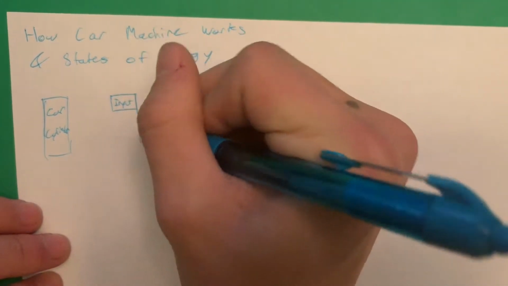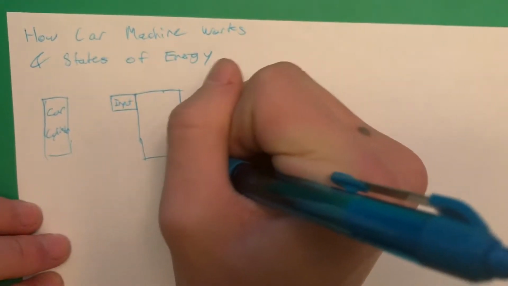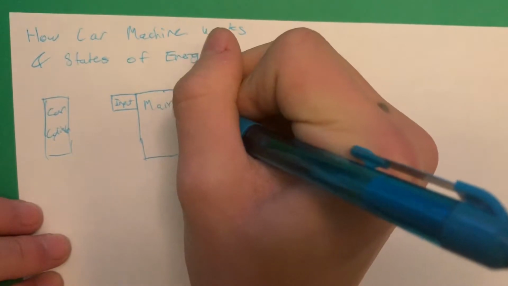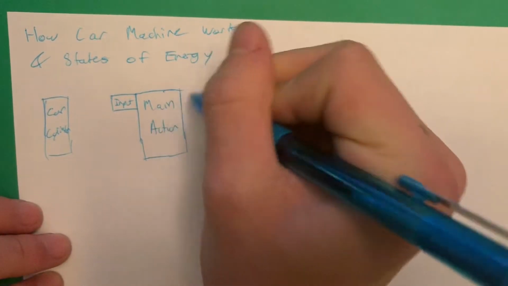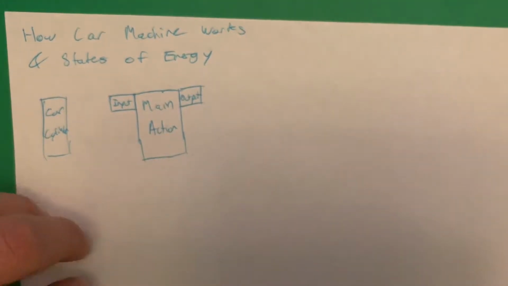You have the main action where a piston moves up and down, which causes the main combustion reaction. Then you have your output pipe, which is just what's left over.